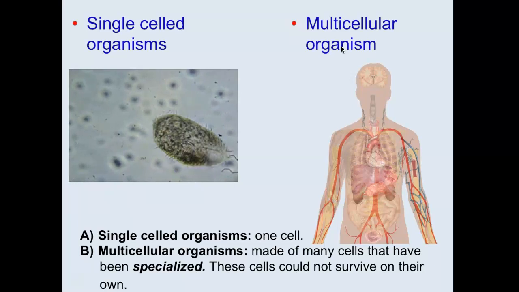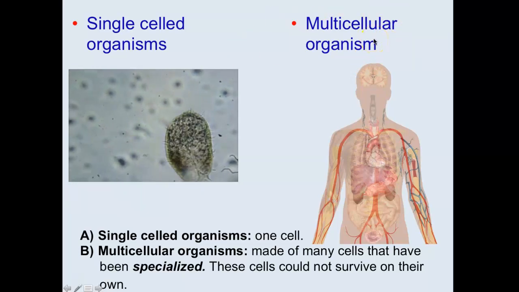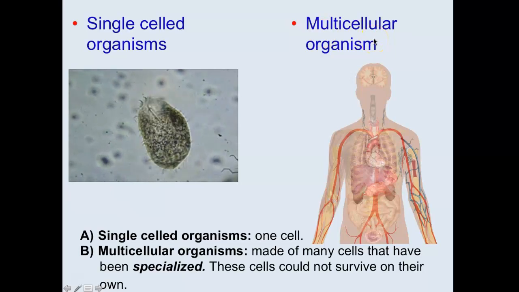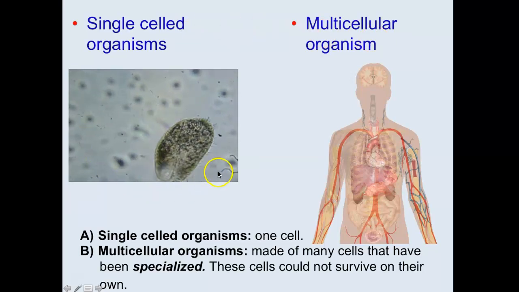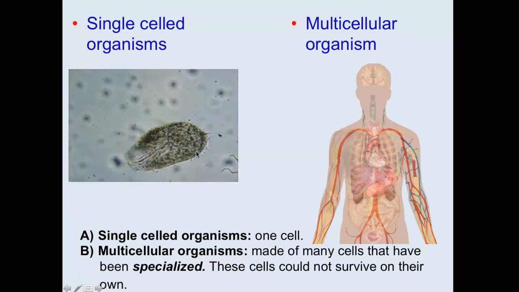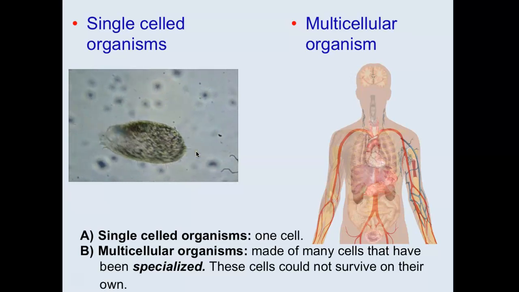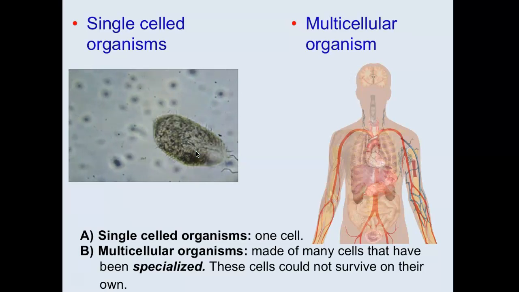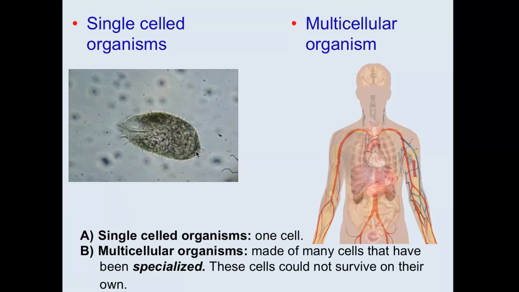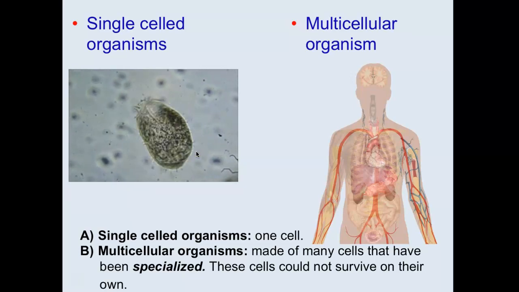And the really big difference besides the number of cells that these guys have is the fact that in a single-celled organism, this one cell can do everything for this organism. It uses energy, and by that I mean it feeds, it can reproduce, it can do all the biochemical processes that it needs to survive.